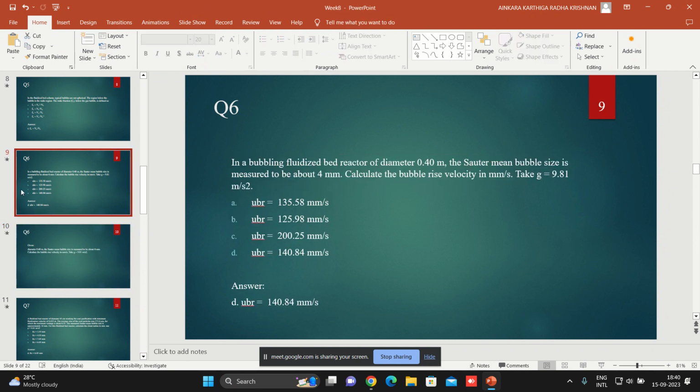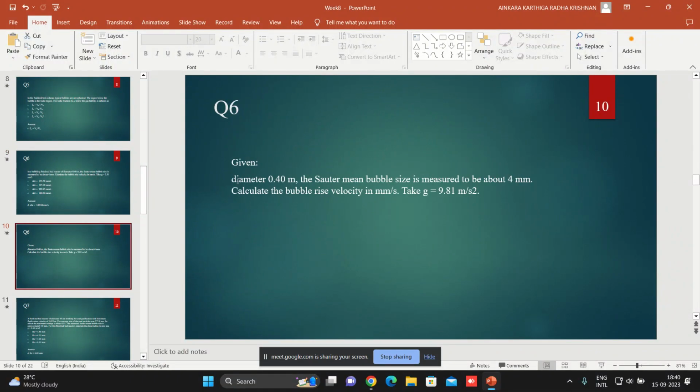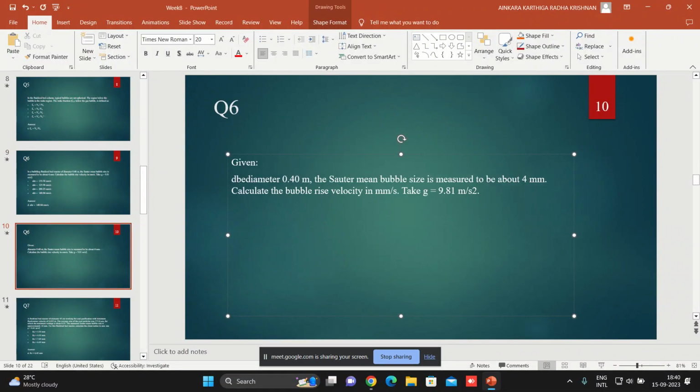The diameter of the bed, D bed, is 0.4 meter.